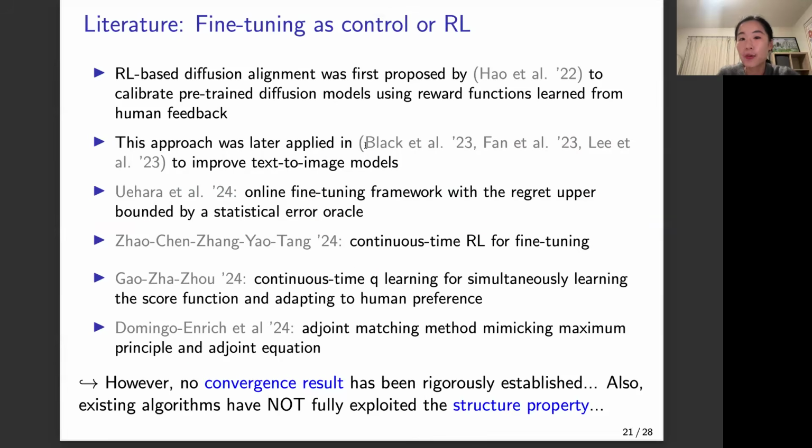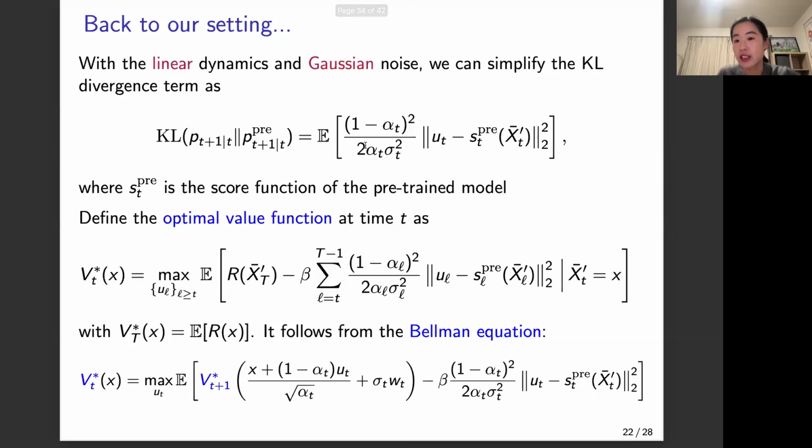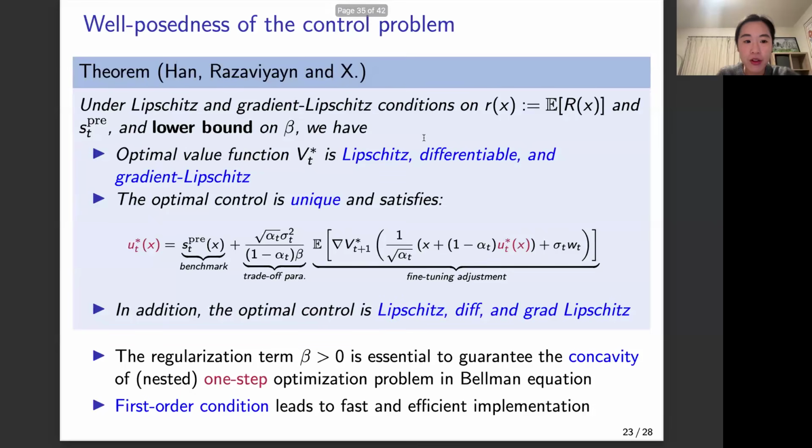We are able to show a linear convergence rate of an algorithm by fully utilizing the key properties of this specific application. I think I'll skip all of these parts.